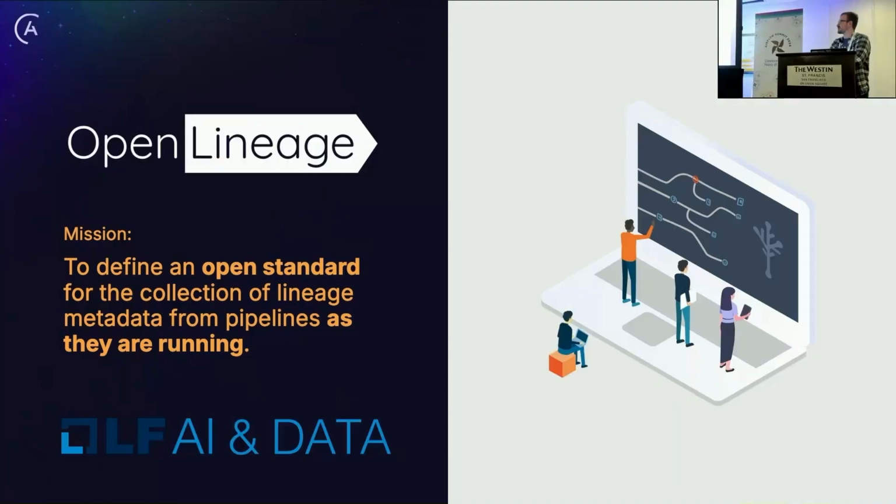And that's why we've created OpenLineage, which is basically an open standard for how to describe the collection of lineage from pipelines as they're running. We are an LF AI & Data graduate project. We're open source. You can go to the OpenLineage GitHub page and see all the code there.